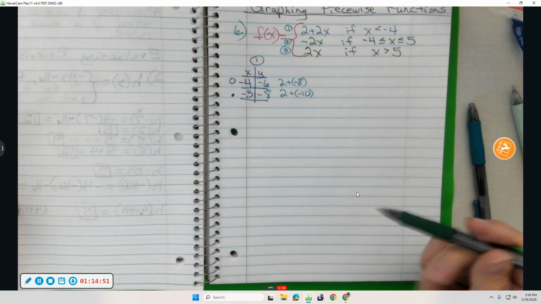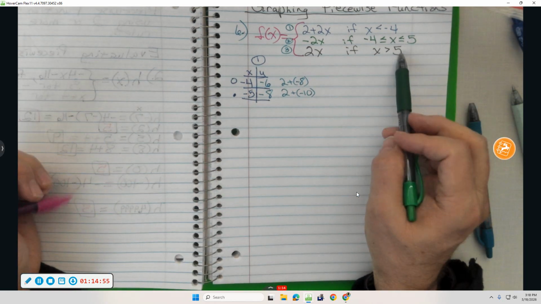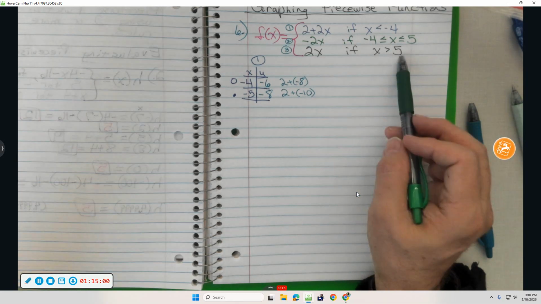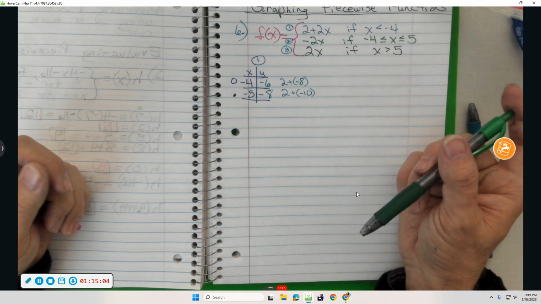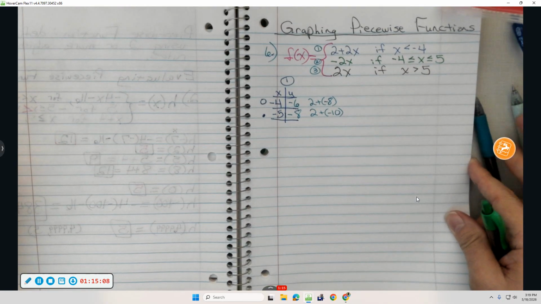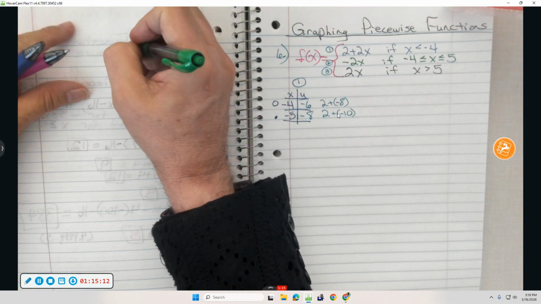Now I'm going to draw an XY grid. It's a big XY grid because think about it. When you start plugging in 5 and a number bigger than 5 down here, you're going to be getting what? 10 and 12? I think last semester we did it over here and it worked really well like that. Okay, so let's just do that. I'm going to make a nice big XY grid.